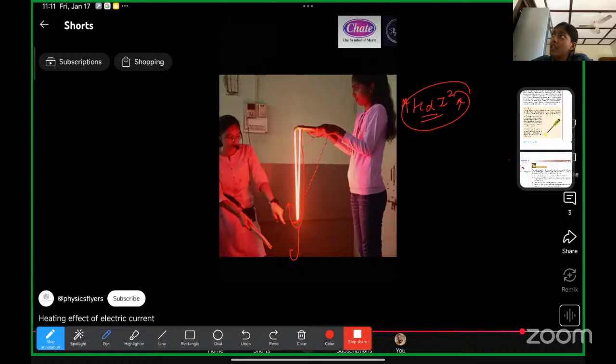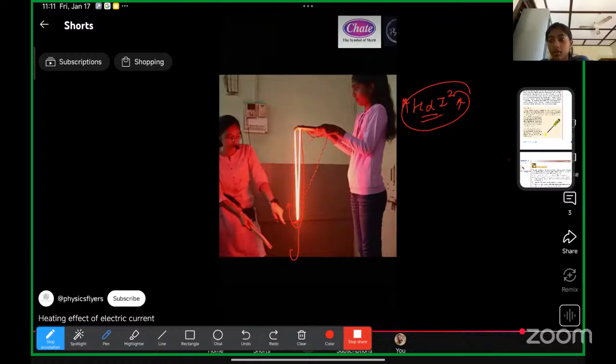So if the wire is longer, then the resistance will be more and the heat will be less, because in that case I is also less. I square is there, no? For example, 2 square is 4 and the resistance is 2.